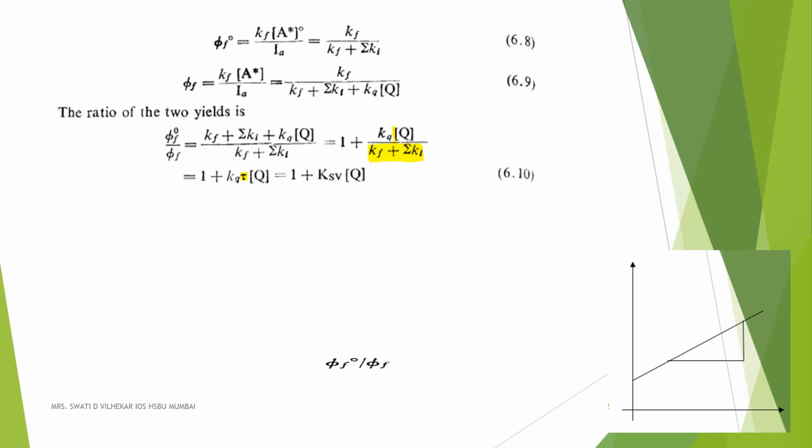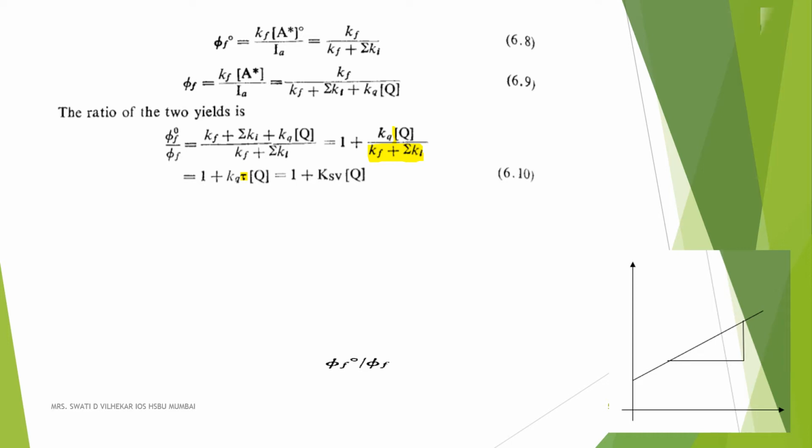For the absorbed radiation, we write Ia, and for the number of photons emitted, it may be the number of molecules destroyed. So it is Kf times the concentration of A star naught.